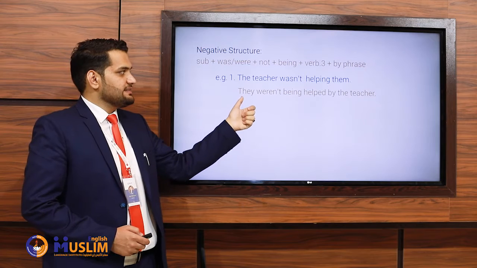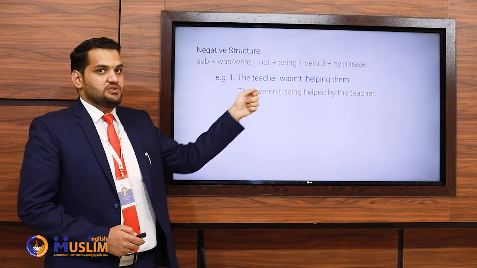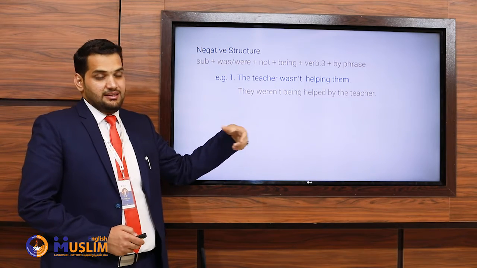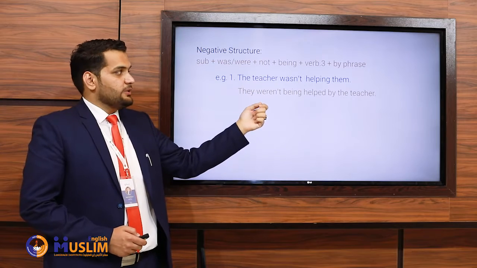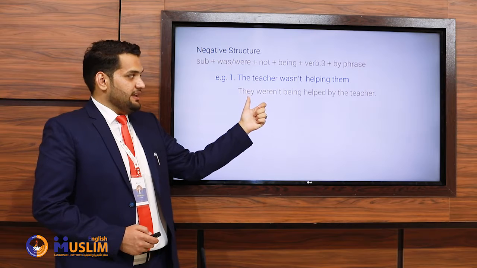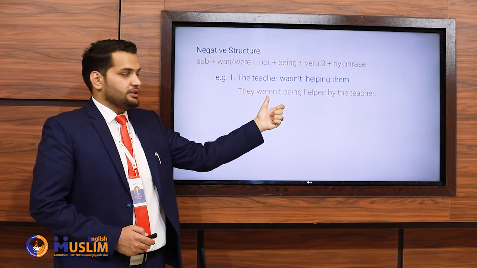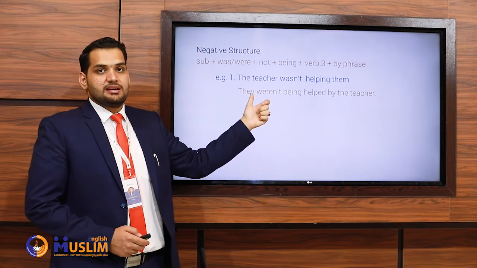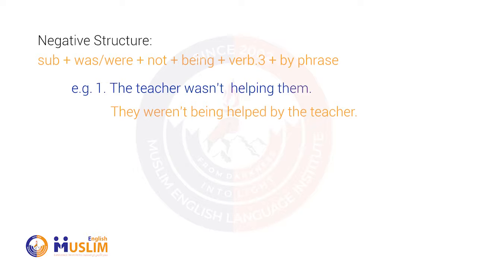The passive voice is they, them is changed to they. Because as I have told you earlier, we change object pronouns to subject pronouns. They weren't. You cannot say wasn't because the new subject is plural. They weren't being helped by the teacher.